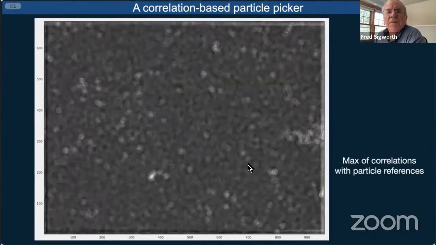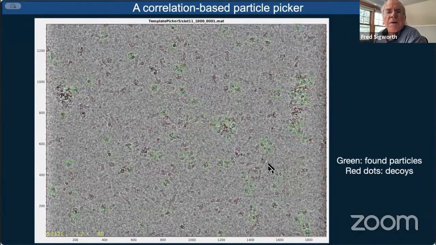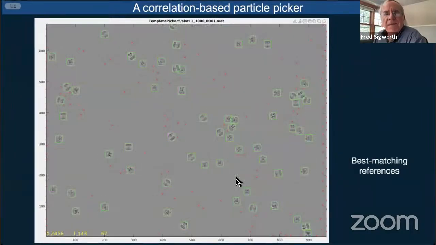Here's the maximum of the correlations with the real particle references, and you can see there are places that look like bright spots, and those are going to be the locations of particles, and so you can use those locations as putative picked particles. And it's kind of cute.